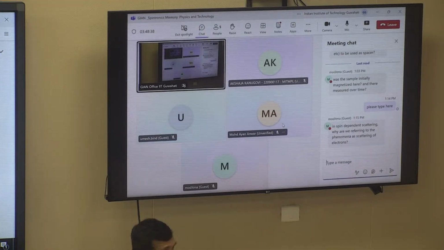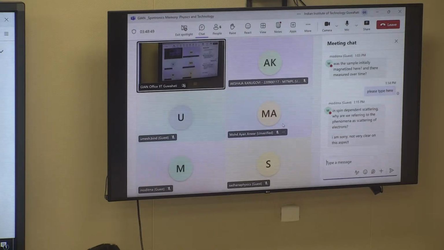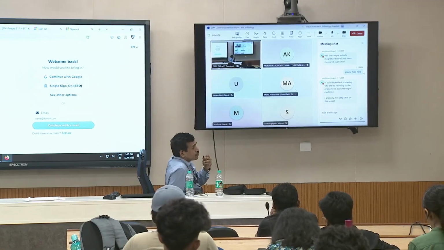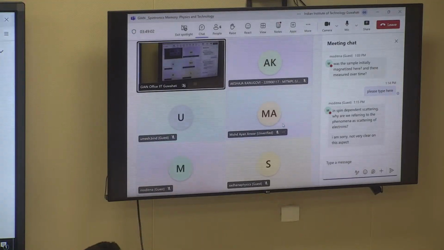So in spin dependent scattering, why are we referring to the phenomenon as scattering of electrons? Okay, we are talking about resistance of material. When we are talking about magnetoresistance, we are talking about resistance of the material, and mostly in GMR, TMR, we are talking about metallic ferromagnetic system.